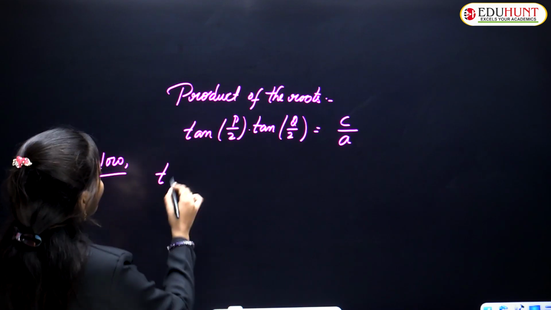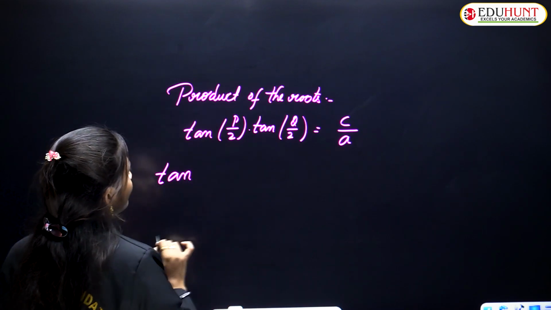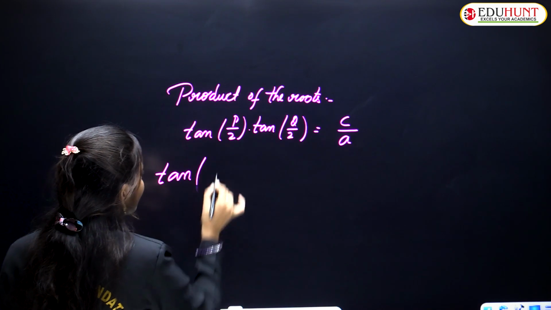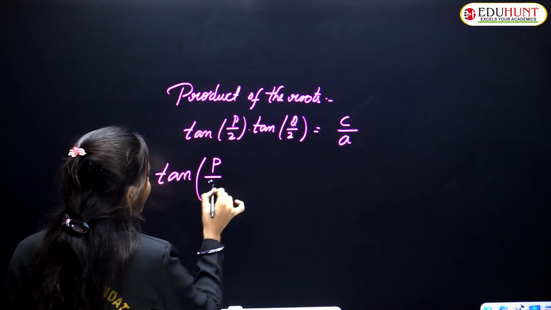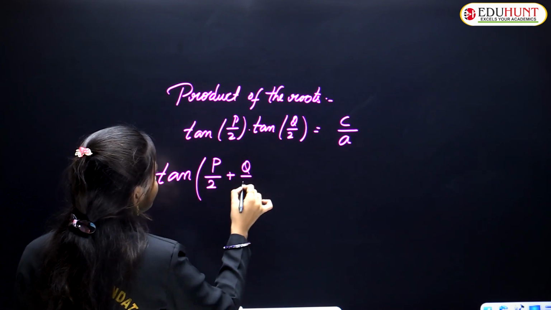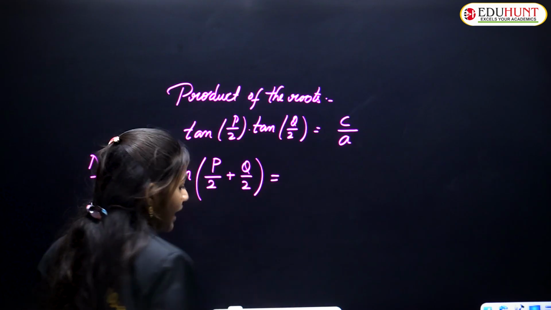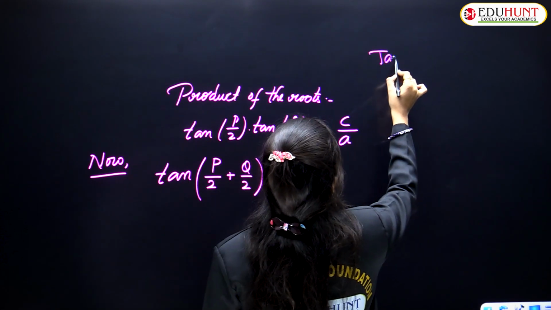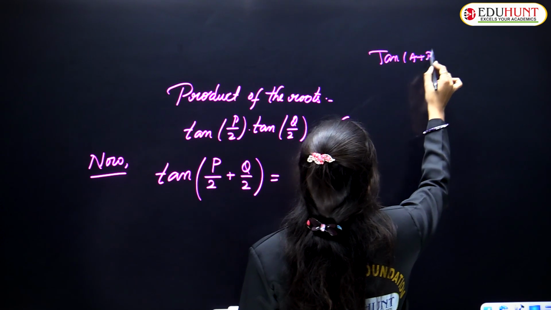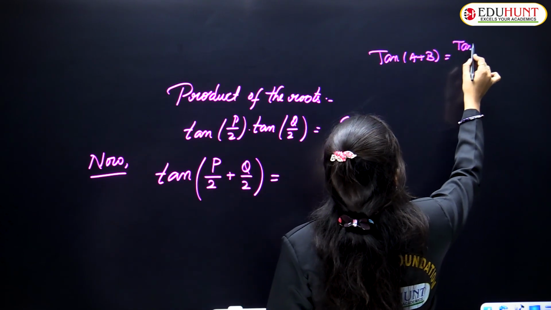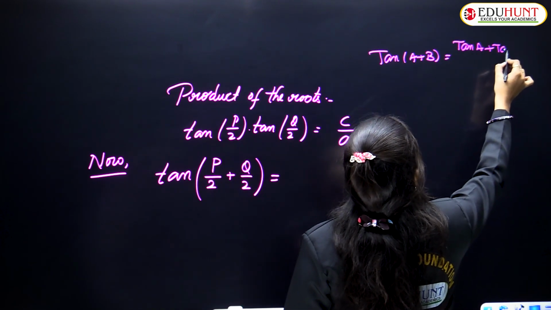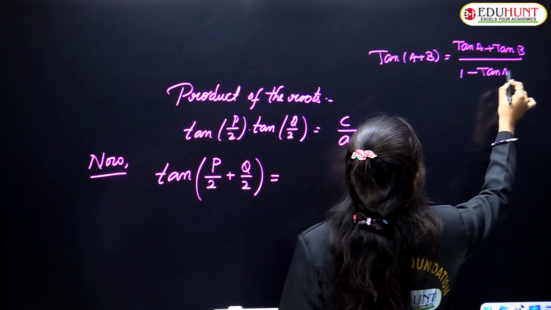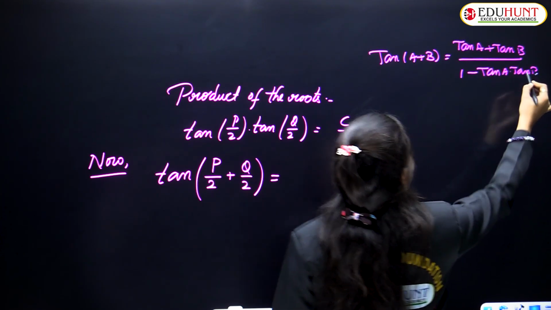So see here, what we have to take: tan P by 2 and tan Q by 2 are there. That's why I want to write this as tan of P by 2 plus Q by 2. And we have one formula related to this, that is tan of A plus B is equal to tan A plus tan B by 1 minus tan A tan B. In the previous classes we learnt about this, right?